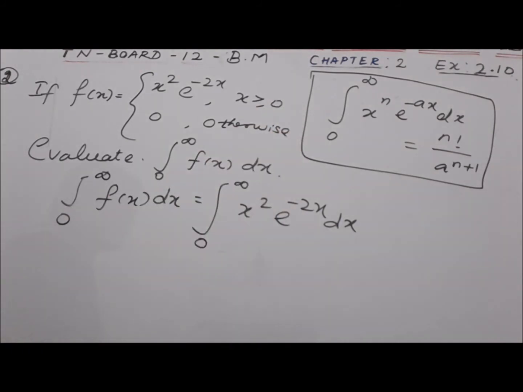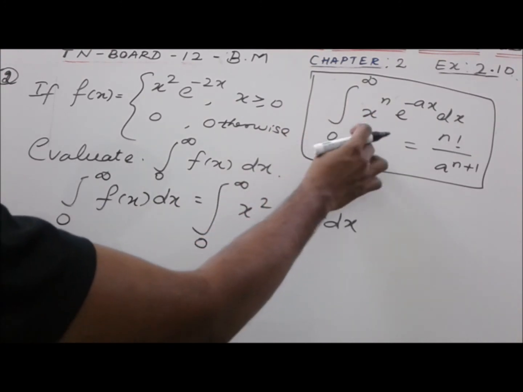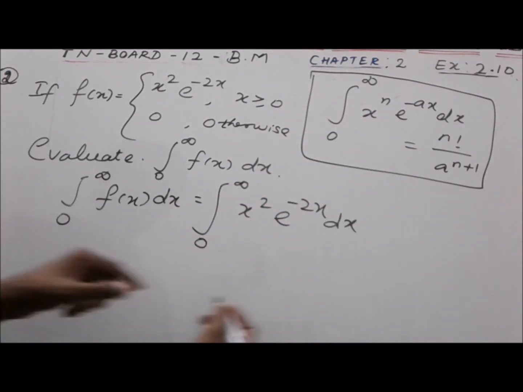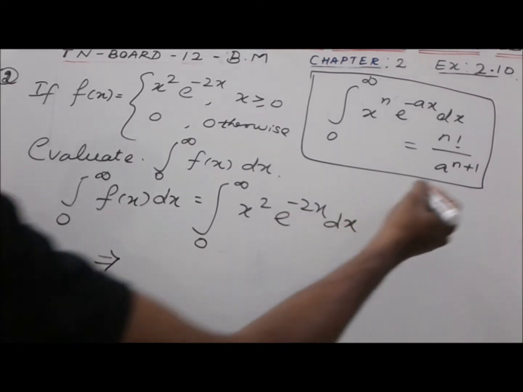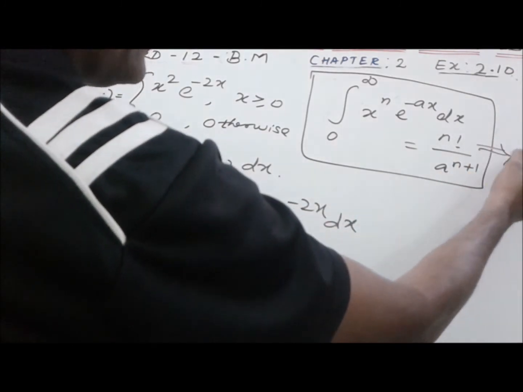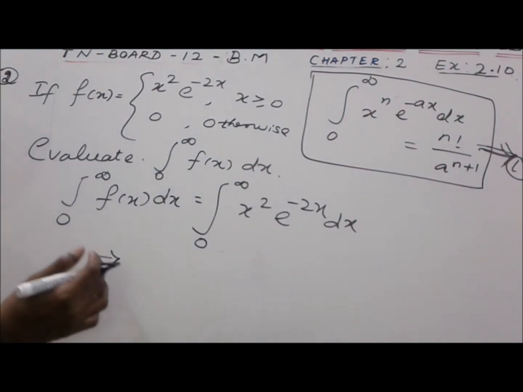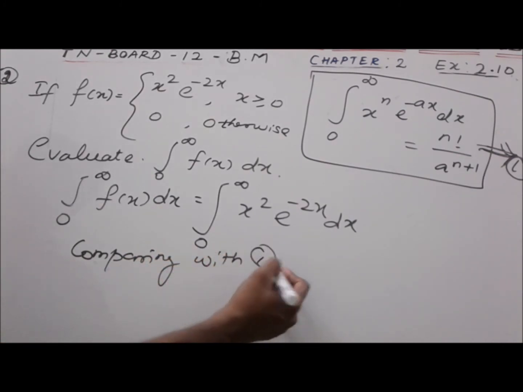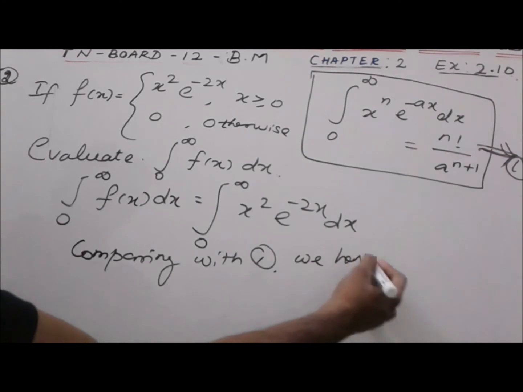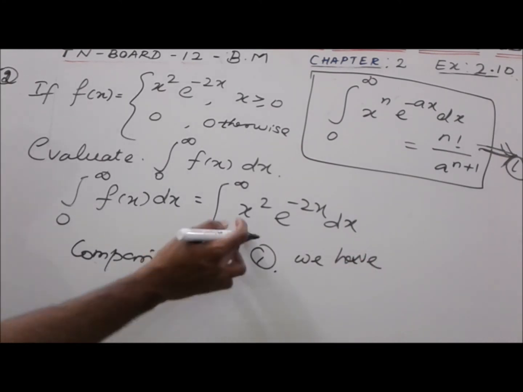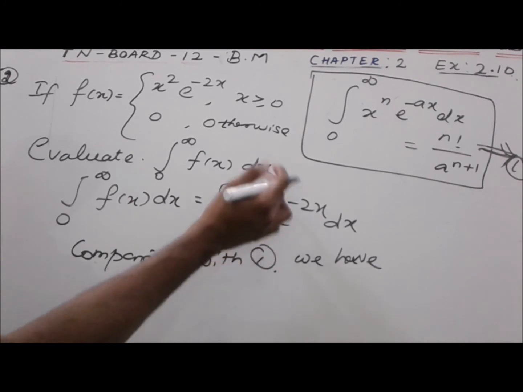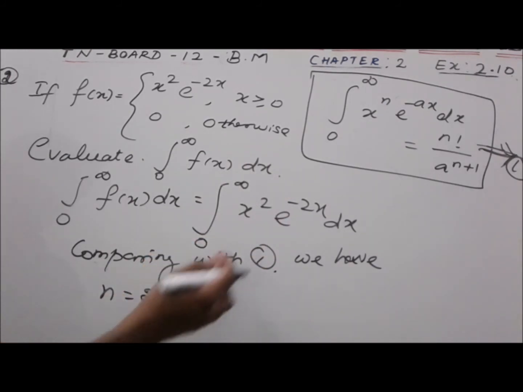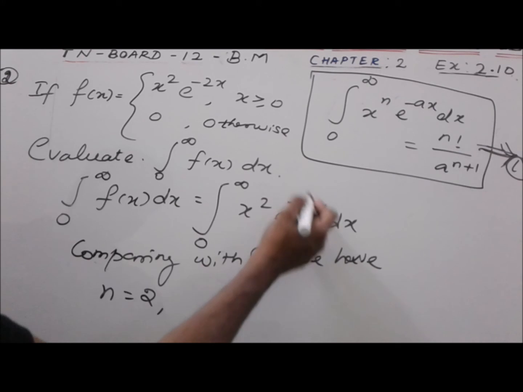Again by the gamma integral, comparing with this above result, let it be formula 1, we have x power n, the power of x, n equal to 2, and e to the power minus ax, so a equal to 2.